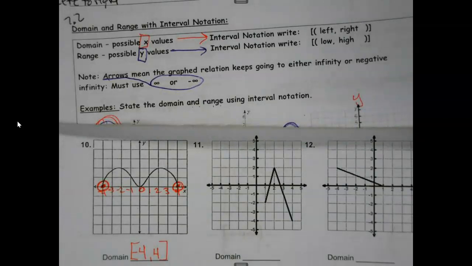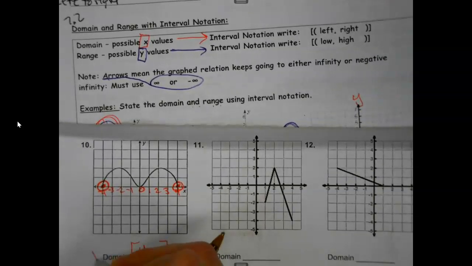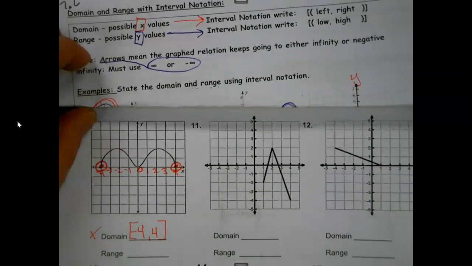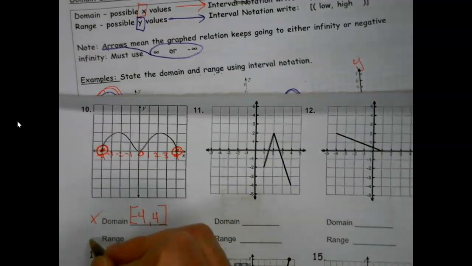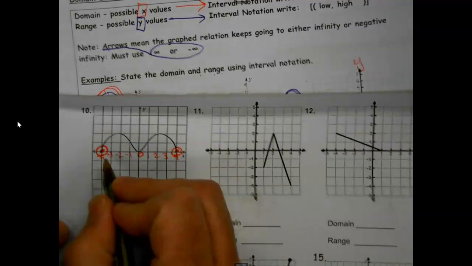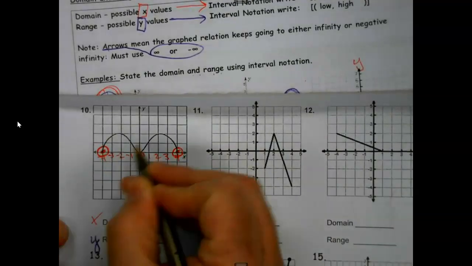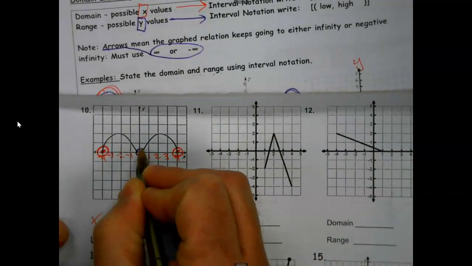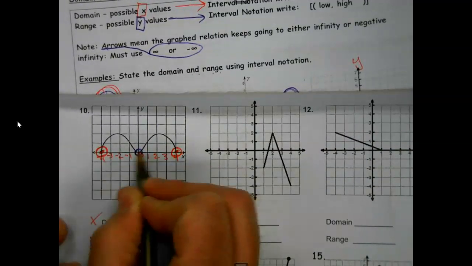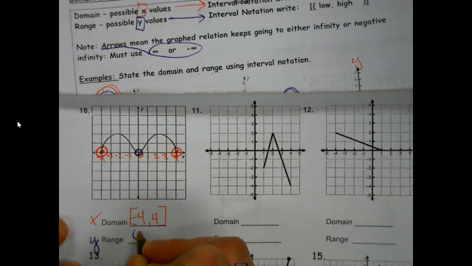Now that one's pretty straightforward. Range is a little trickier. Because domain was X from left to right. Now range is Y from low to high. So I look at the bottom, it could be here, it could be here, it could be here. They're all at the same spot. They're all at Y equals 0. So I start with 0.